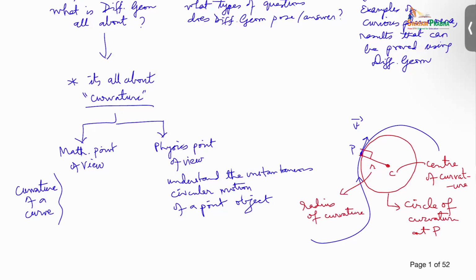Everything is at the point P. So I should say circle of curvature at P, center of curvature at the point P, and radius of curvature at the point P. So it's dependent on the point. As you change the point, all these things change.